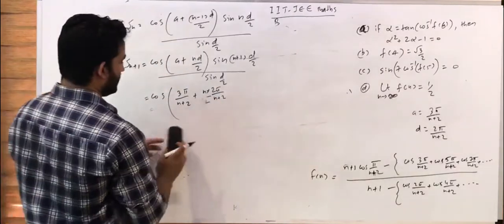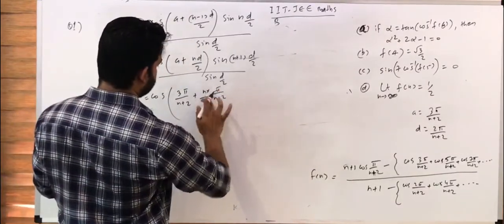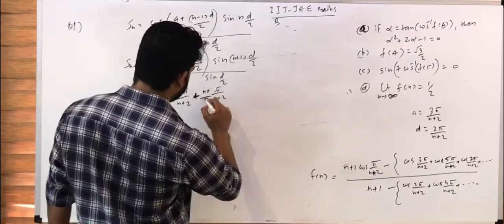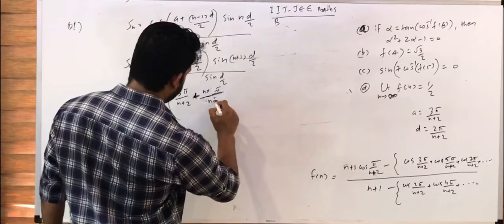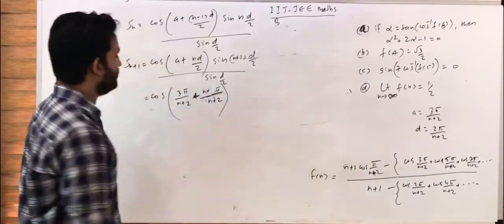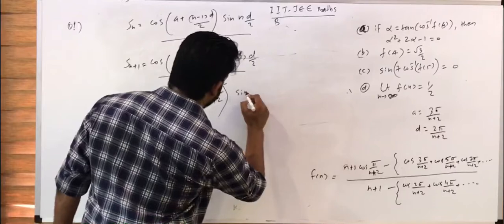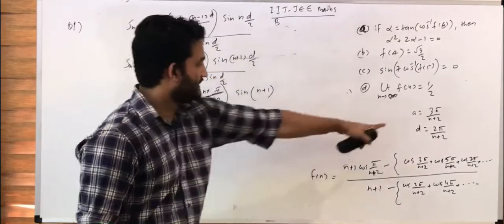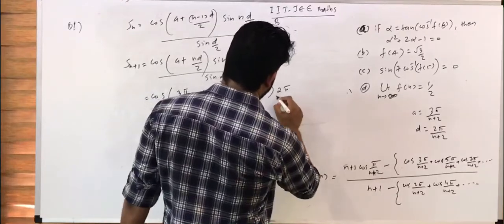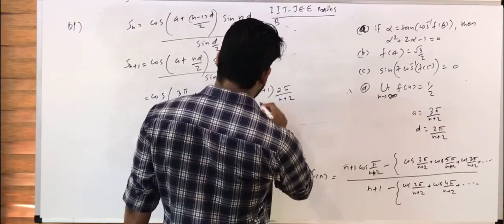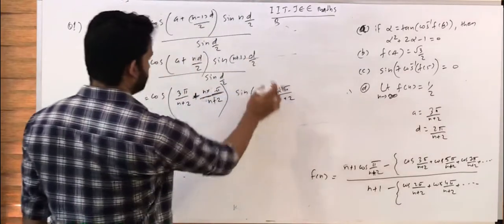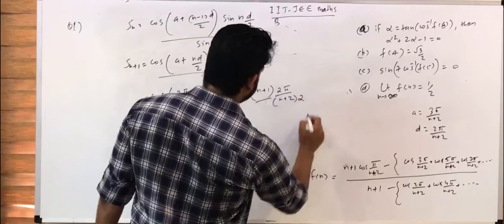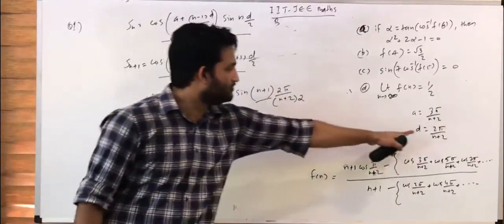So these two and these two get cancelled, and it becomes 3 pi plus n pi divided by n plus 2, into sine of n plus 1 into d by 2, which is 2 pi by n plus 2 divided by 2.